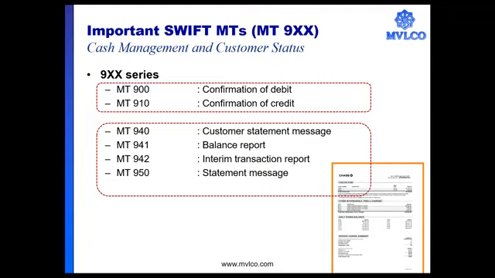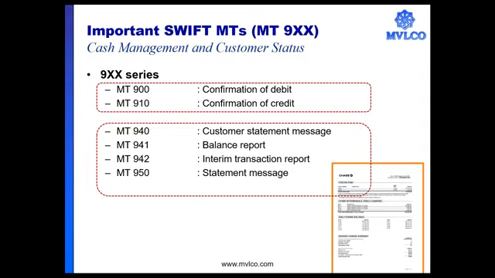So for every debit transaction in your bank account, I will have an MT900, and for every credit transaction in your bank account, I'll have the MT910, confirmation of credit. This means every transaction happening in your account in a day, either a debit or a credit, would result in the bank sending you a 900 for every debit and a 910 for every credit. So this is for every transaction which happens in the bank.